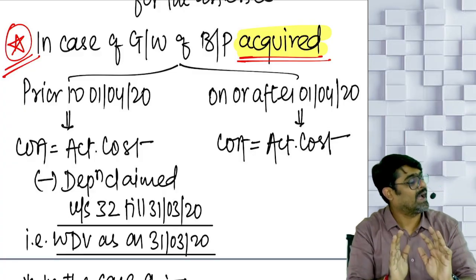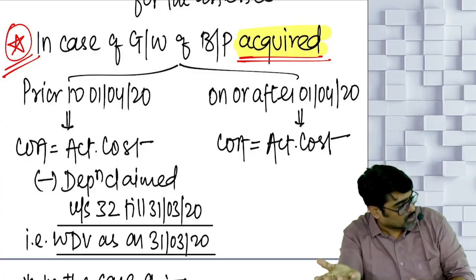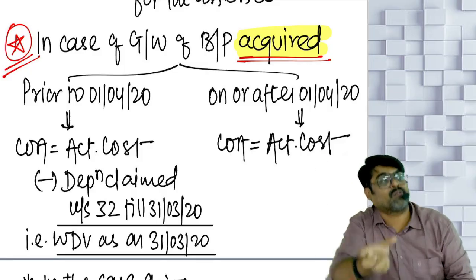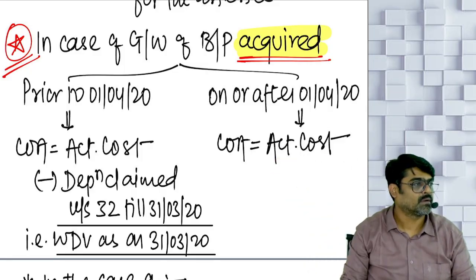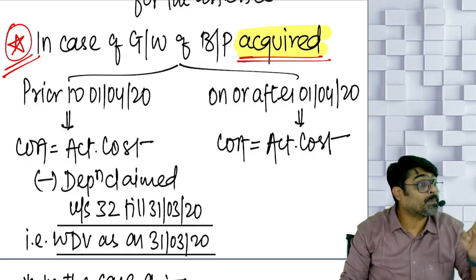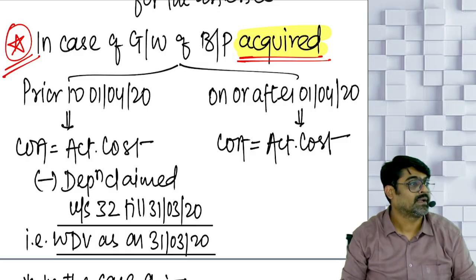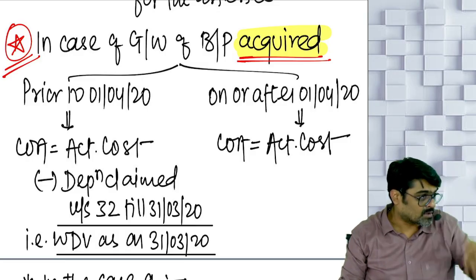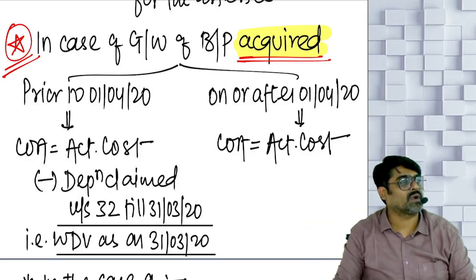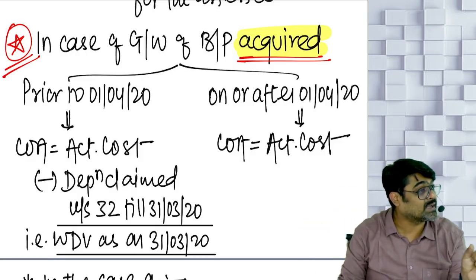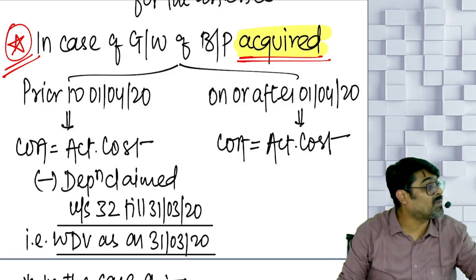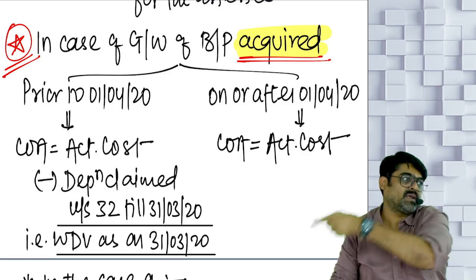So actual cost you take for that goodwill which you have acquired on or after 1st April 20. Because the goodwill which you have acquired prior to 1st April 20, if you take the entire actual cost of that goodwill as a cost here, what will happen? The cost which was already allowed under the head PGBP in the form of depreciation will again be considered as a cost.